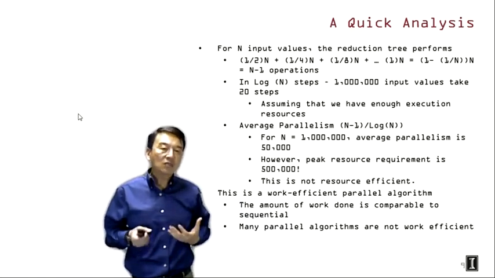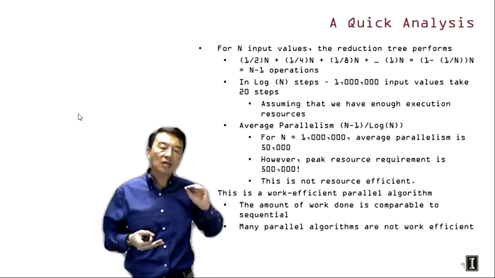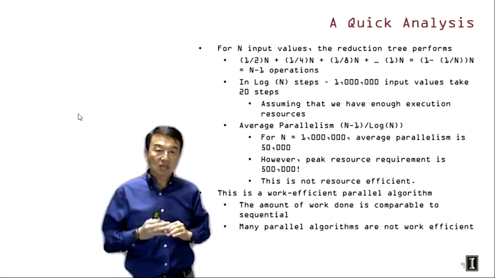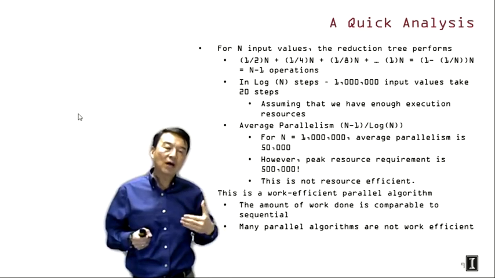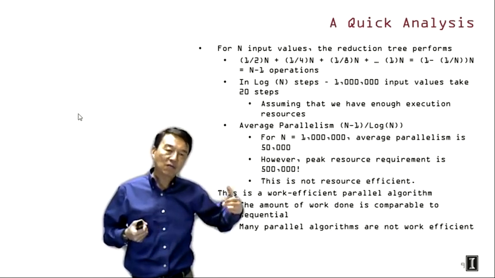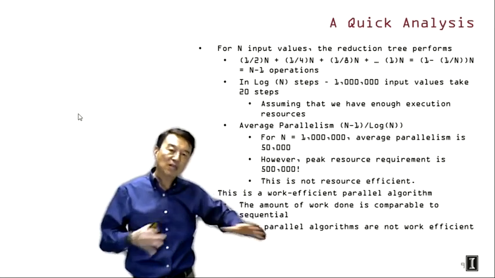And so this tells us that if we have unlimited amount of resource, we can actually get a reduction value out of 1 million elements in just 20 steps. And this is a very, very good deal. So this is the reason why all these tournaments use the reduction tree, because this allows us to have a very small number of steps to get a champion out of many, many teams.